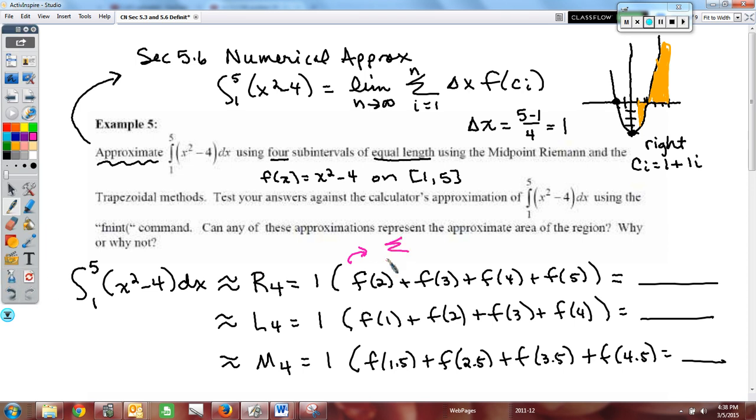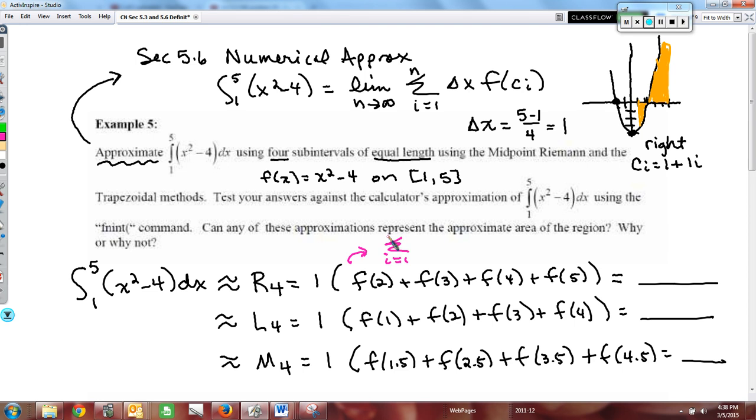The sum, i equals 1 to 4 of my 1, which was my delta x, times the function, and my formula would be 1 plus i. So you would type in the sum i equals 1 to 4 of basically f of 1 plus i, squared minus 4. So you could type that in, you could get your answers. All right, I'm just going to leave that for you to calculate.